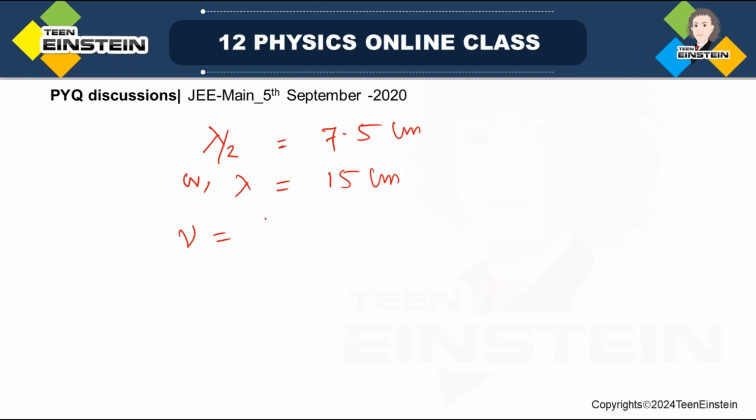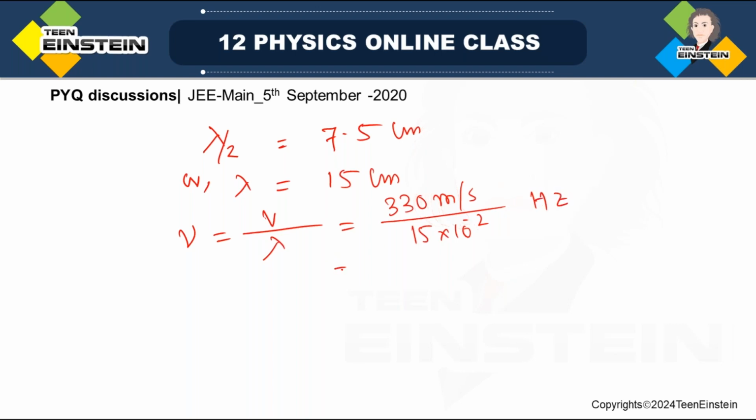Frequency of the sound in the air is the velocity of sound in air divided by lambda, v by lambda. And v is given as 330 meter per second. So I have to make this lambda also into meter, 10 to the power minus 2 here. So this will give you hertz.